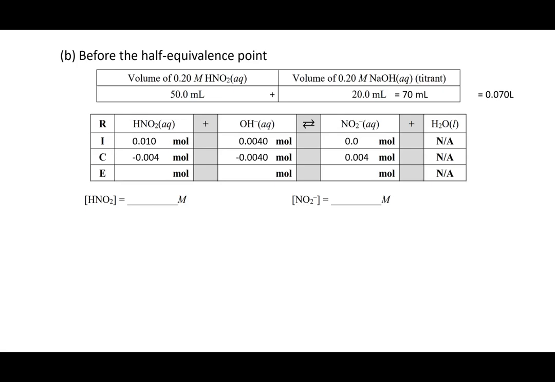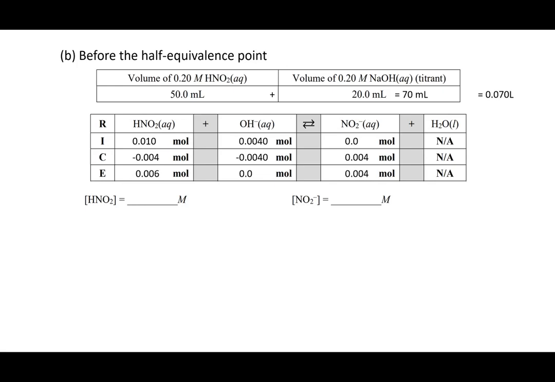And so we write minus 0.004 for HNO2 and for OH minus, and positive 0.004 for NO2 minus. When we get to equilibrium, we see that we have no moles of OH minus, 0.006 moles of HNO2, and 0.004 moles of NO2 minus.